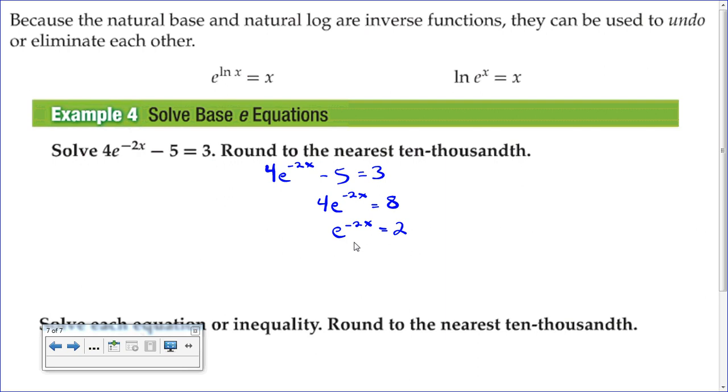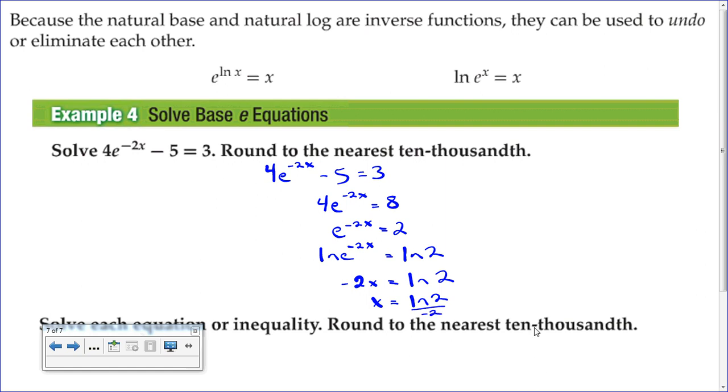Now I'm going to take the natural log of both sides. The natural log of e to the negative 2x power equals the natural log of 2. Using this property, this is equal to negative 2x. To figure out what x is, I just need to divide by negative 2. So x equals the natural log of 2 divided by negative 2.